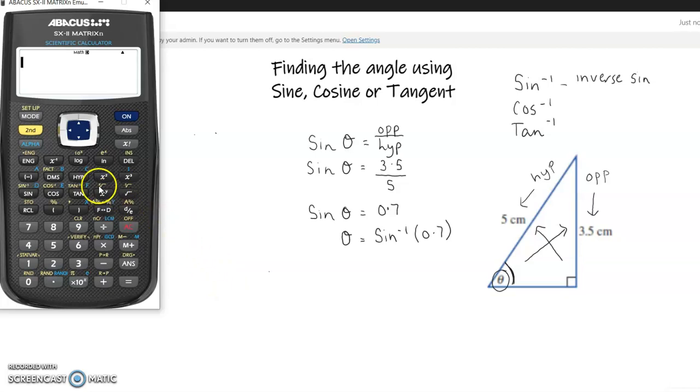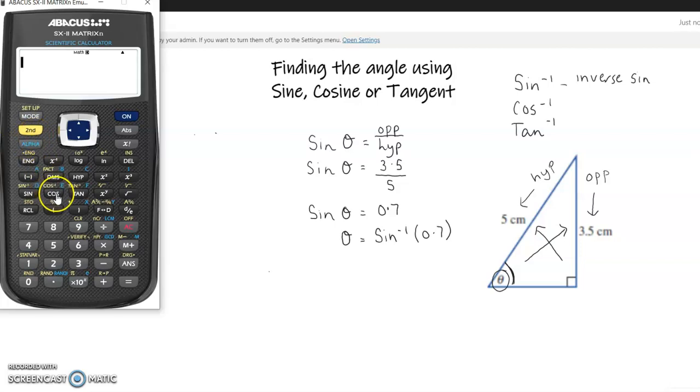First of all, let's have a look at where sine, cos and tan are situated on our calculator. We already know where that is. Now, if you notice above the sine button here, in yellow we have printed sine -1. This is our inverse sine function, and it's in yellow, which means that we need to use this yellow button up here, our second function, to use sine to the -1.